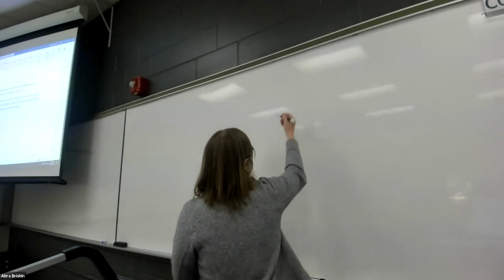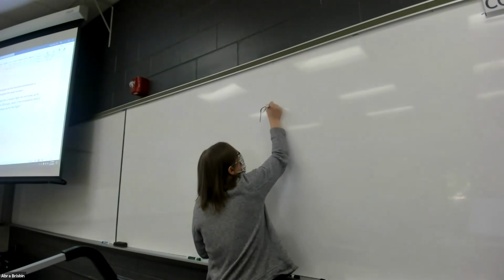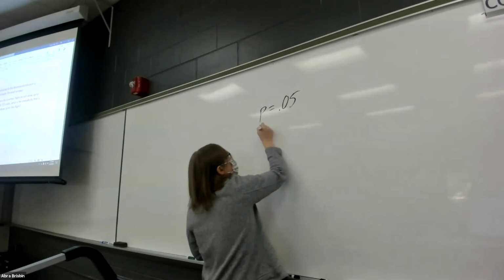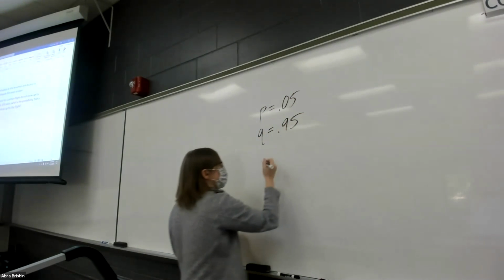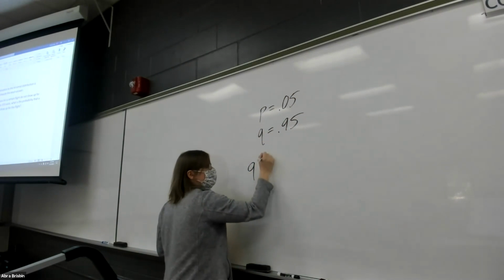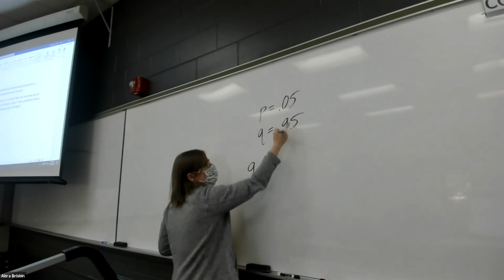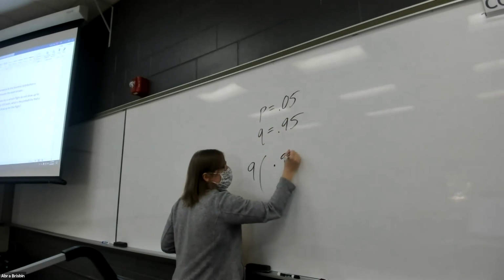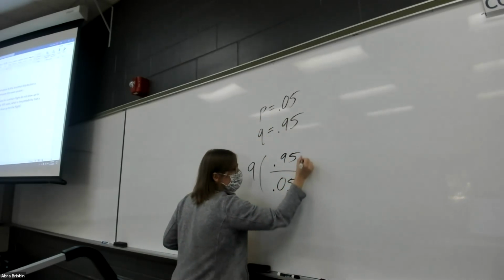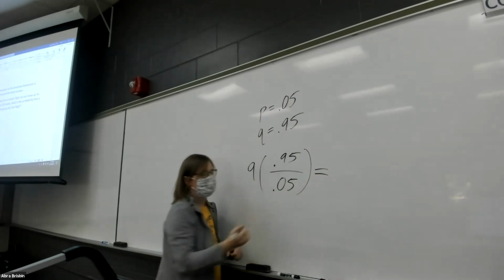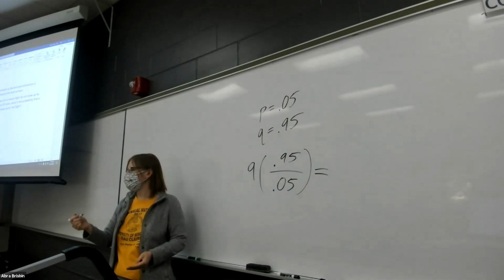Yeah, so here P is 0.05 and Q is 1 minus that, so 0.95. So we have 9 times the larger of P and Q, so 0.95, over the smaller of P and Q, 0.05. And that ends up being 171, you said? Yep.